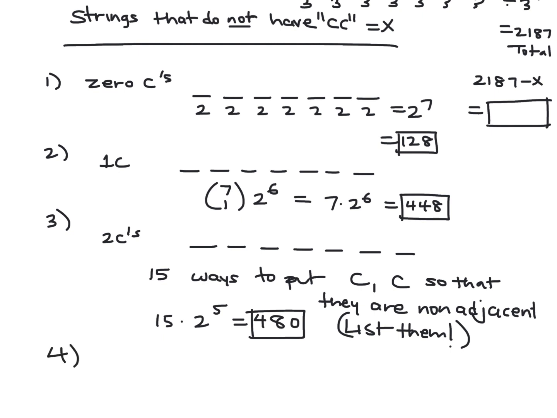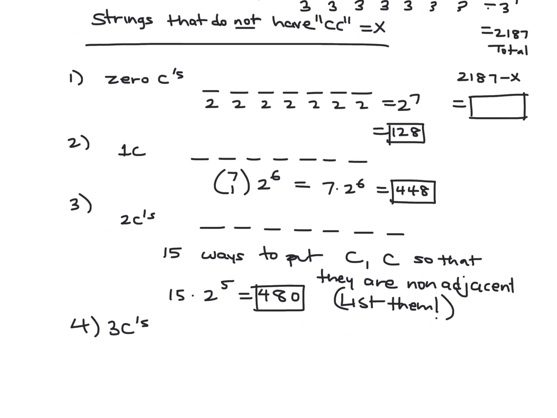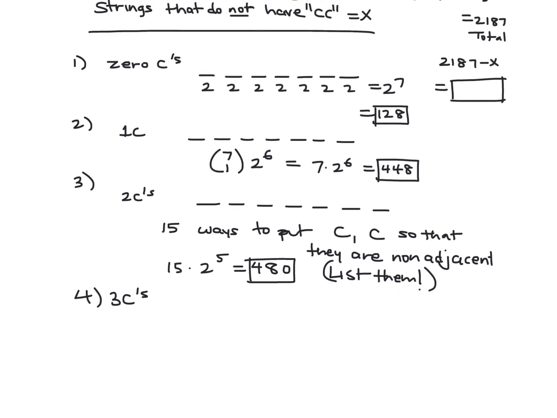And then finally, we have all 3 letters are C's, but none of them can be adjacent. So I think there's a very limited way of doing that. Let me just see here. How do you do that?